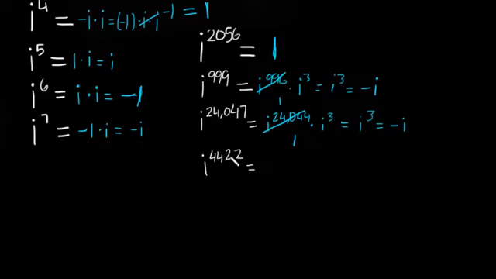Well, the number below this that's divisible by 4 is 4,420. So i to the 4,422 is equivalent to i to the 4,420 times i squared. And since 4,420 is divisible by 4, it just crosses out and equals 1 times i squared, which is just i squared. And we learned that i squared is negative 1. So this would be your answer for this one.